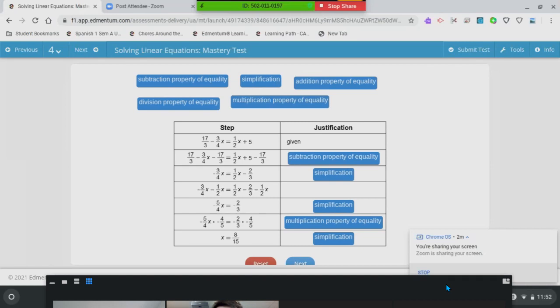And notice how it's on the left and the right. It's minus 1/2 x. And then on the other side, minus 1/2 x. You see that? Yes. Because it's on both sides, what they're doing is they're subtracting the same thing from both sides. So that would have been subtraction property of equality.